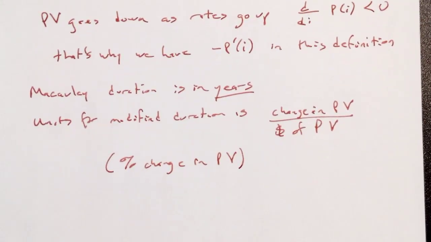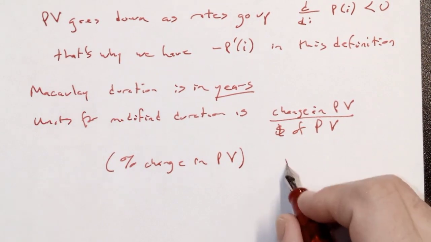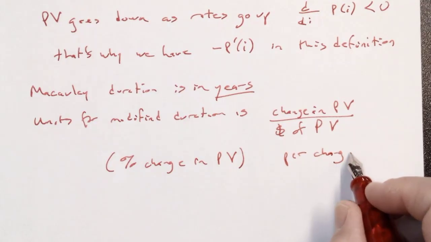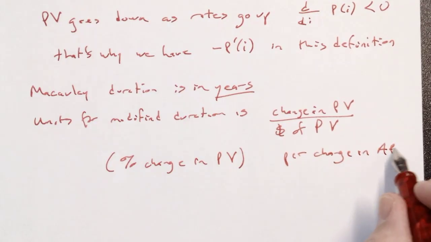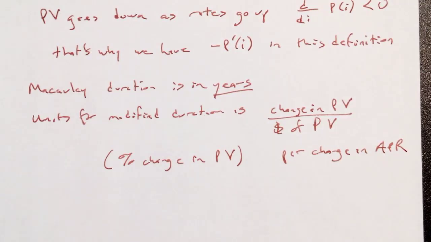So modified duration, wait a second, that's the change in that per change in APR. Oh gods, this is measuring two changes against another change. Dear Lord, that's disgusting.